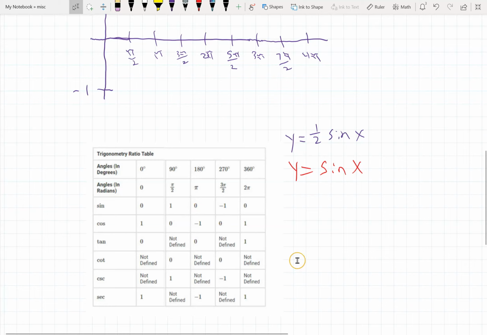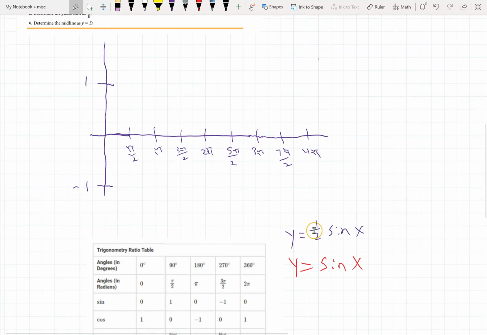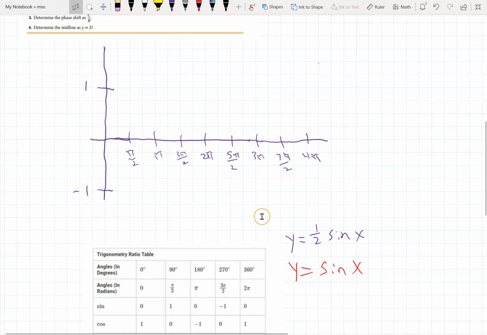Okay, so I'm going to graph y equals sine x. Well, I know that it oscillates, bounces back and forth between 1 and -1. Here we see the values. So the problem asks for 2 periods. Sine has a period of 2 pi, so 2 periods would send us out to 4 pi.